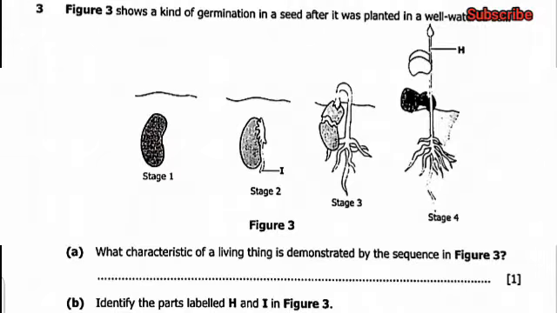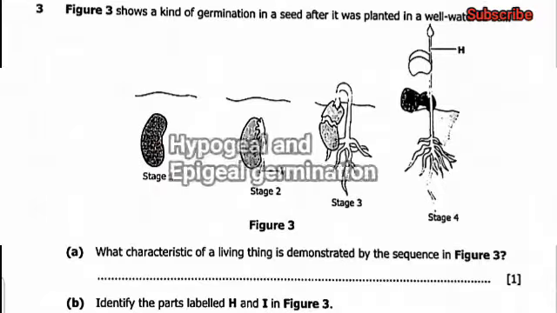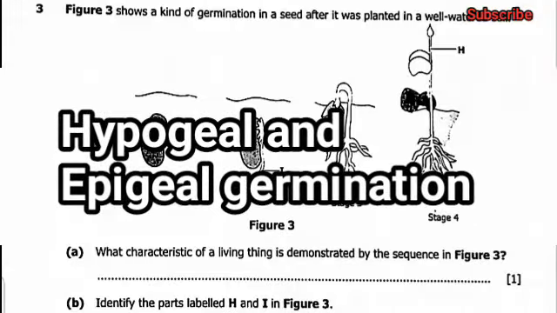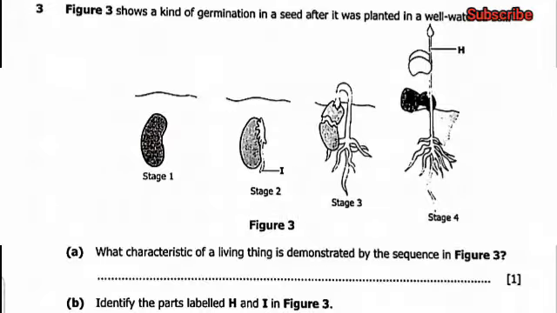By the way, we have 2 types of germination: hypogeal germination and epigeal germination. Hypogeal germination takes place in such seeds as maize, because maize is a monocotyledonous seed.